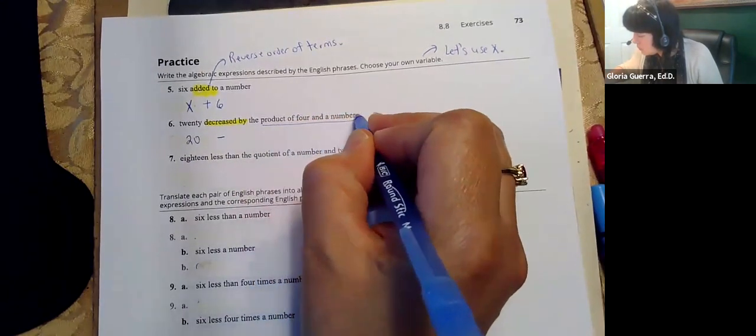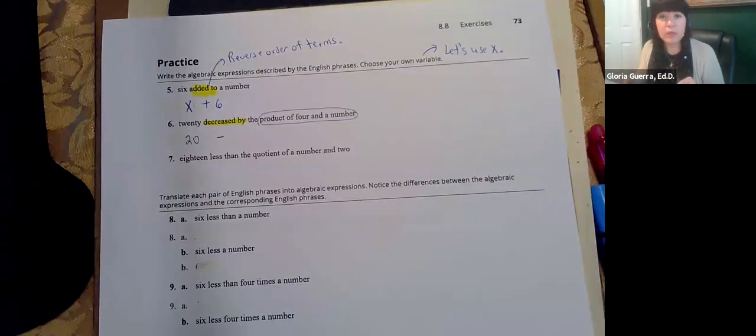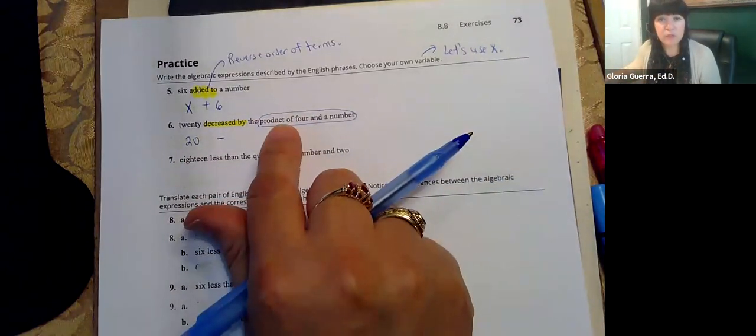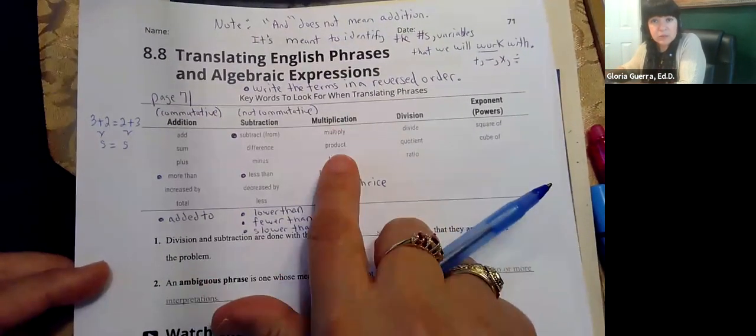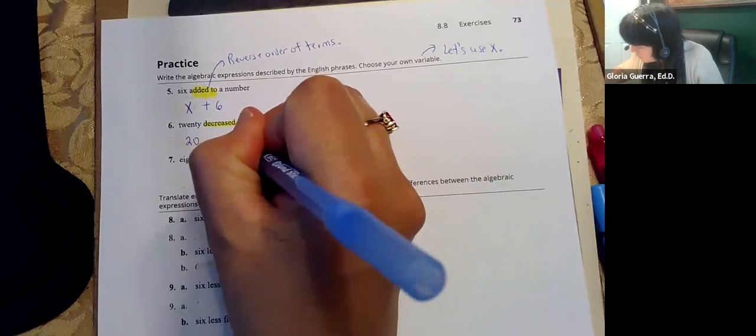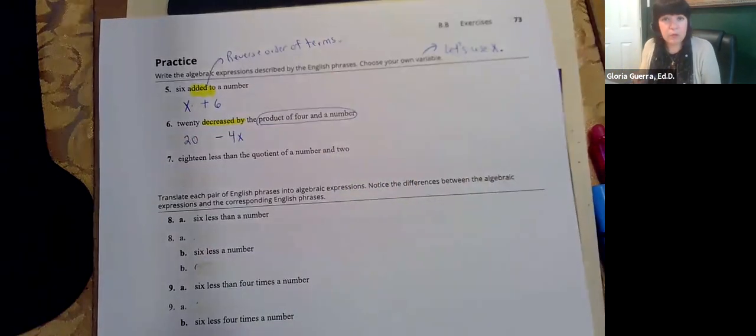The product of 4 and a number. The and just tells you the two numbers you're working with: 4, then X. How are you going to manipulate that? Which operation? Product. In math, product means times, multiply. So this is going to be 4X. And then you're done.